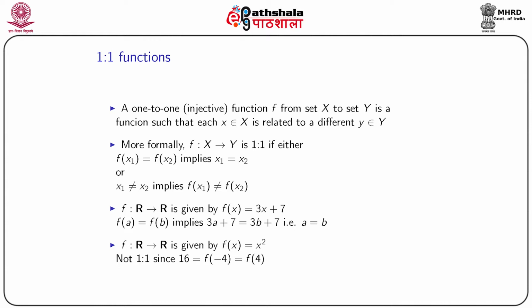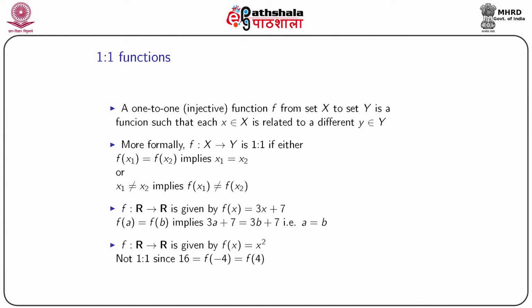Now if we consider another example where f(x) is x squared. Here also we have the same sort of mapping from real line to real line. But probably this is not a one-to-one function. If you look closely, then f(-4) will result in 16, whereas f(4) will result in 16 too.